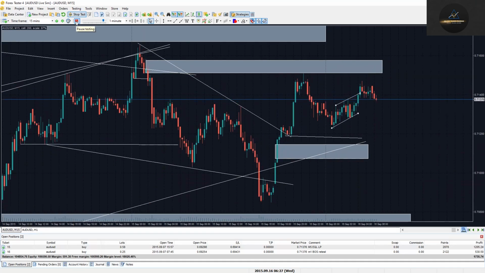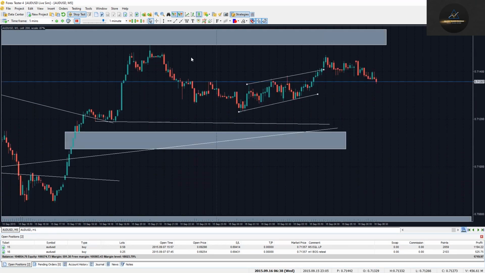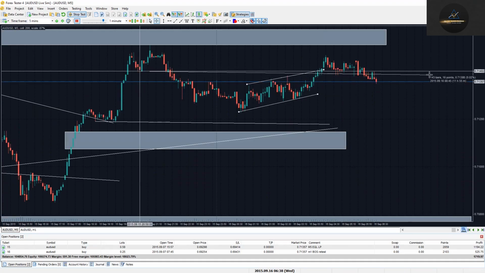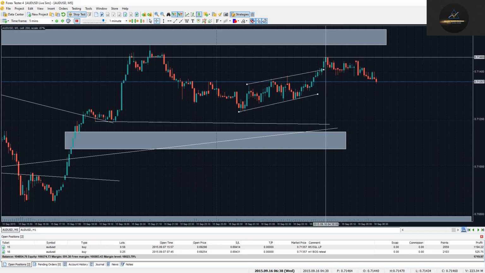All right, I see what's going on. So we had a reaction from this point of interest. We had a breaker structure confirmation, got the QM right there.